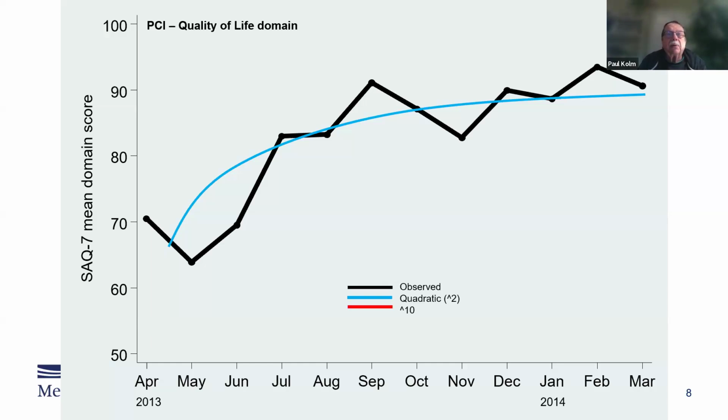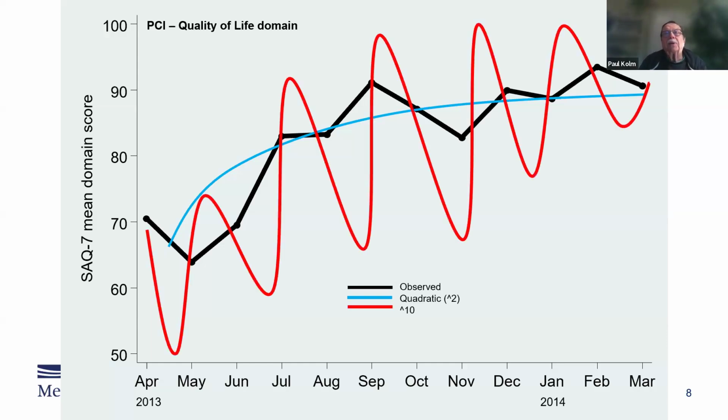And in fact, if we raise the independent variable here, the month, to the 10th power, we get a function that looks like this. And so you might say, well, that fits really well, because as you can see, the line almost all the time hits the actual observed means.